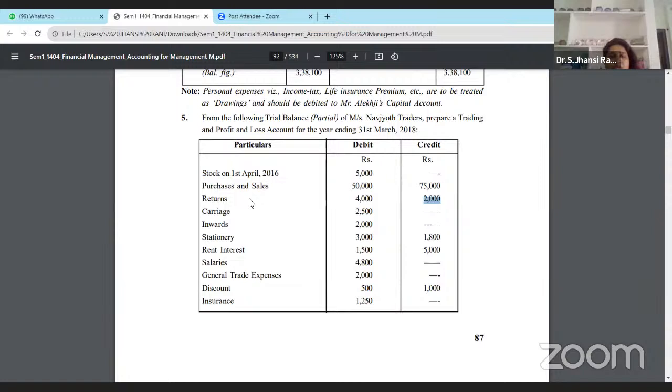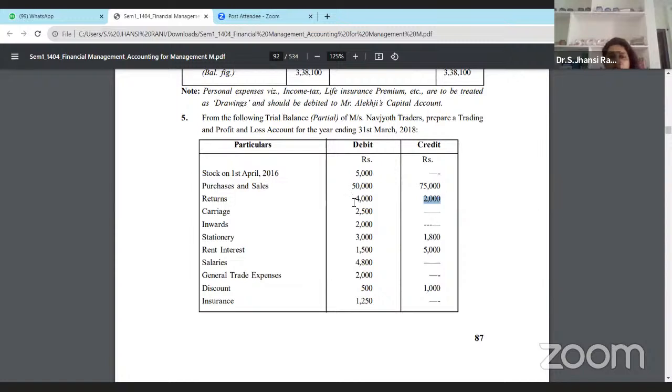Whatever goods came, we are returning back. It means goods are going out, and whenever goods are going out, that will be credited, as per the real account rule, credit what goes out. So this 2,000 given in the credit column is nothing but the purchase returns.